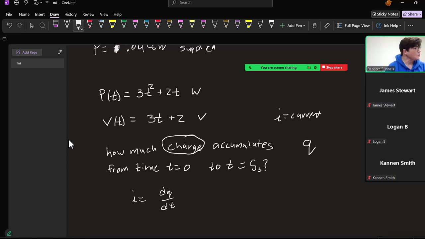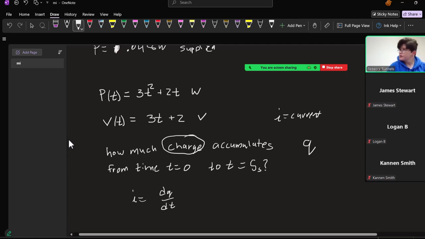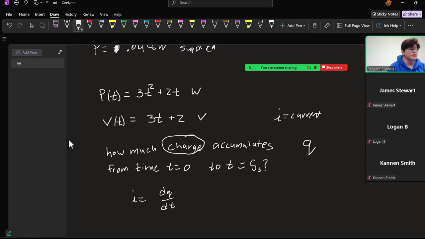So the current is dq dt. The current is the derivative of charge. So the charge is the integral, right. But I don't have the current. I gave you power and voltage.